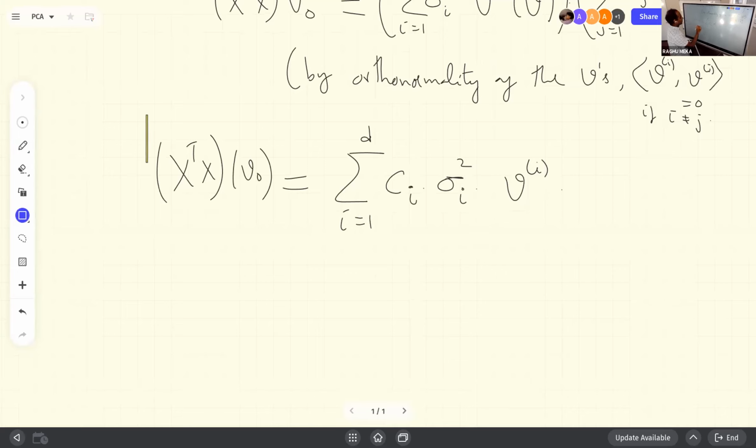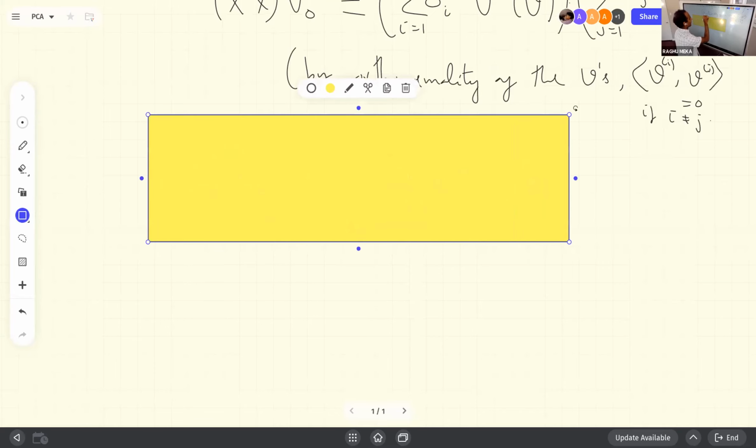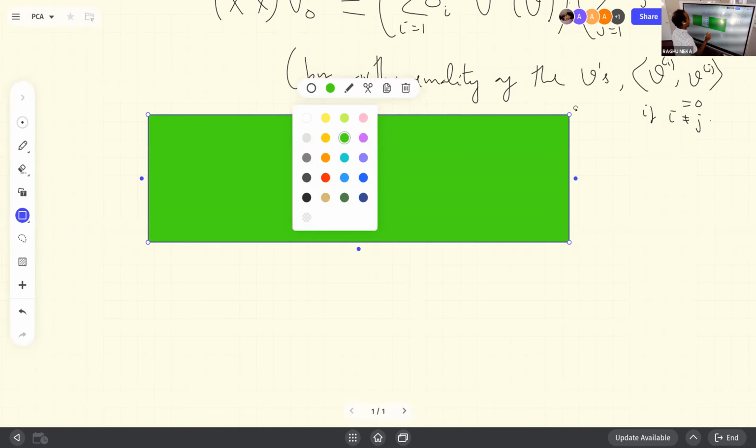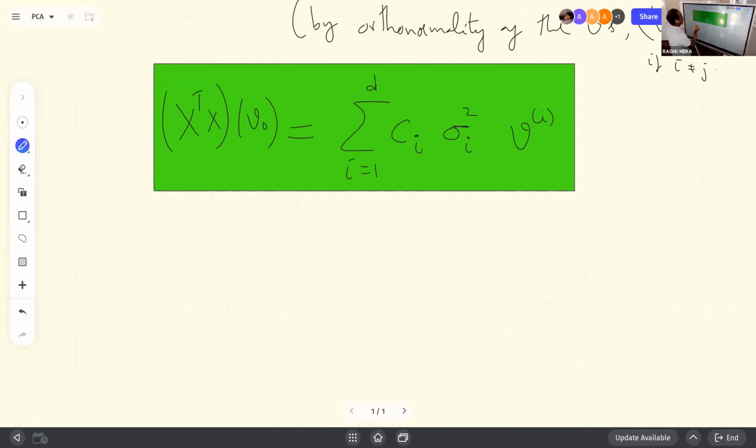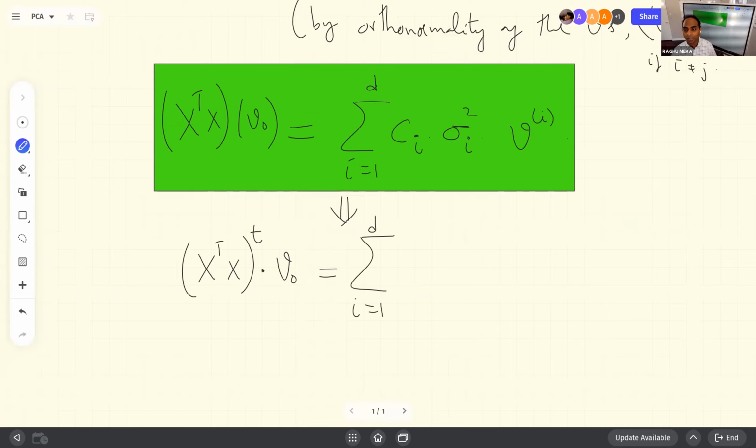Okay. Now what happens if I iterate this? So what does this tell me about the t-th iteration? So what would I get here? How are the coefficients changing as I keep repeatedly multiplying by X transpose X? Well, I can use the same expression again, right?